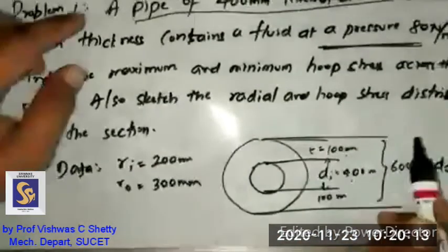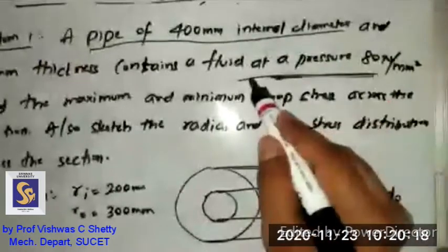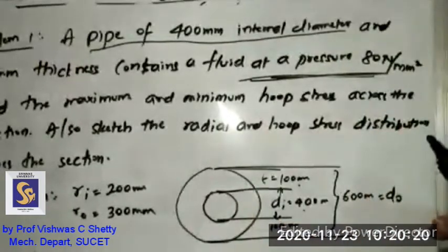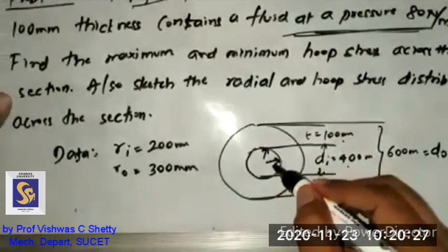Note that in the question, only the fluid is at a pressure of 80 Newton per millimeter square. That means only internal pressure is there. External pressure is zero. If it's not given, assume it as zero.